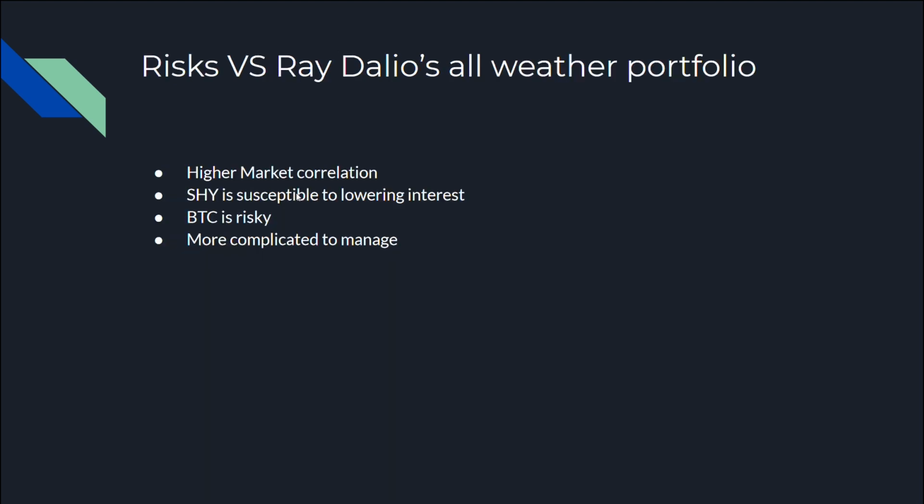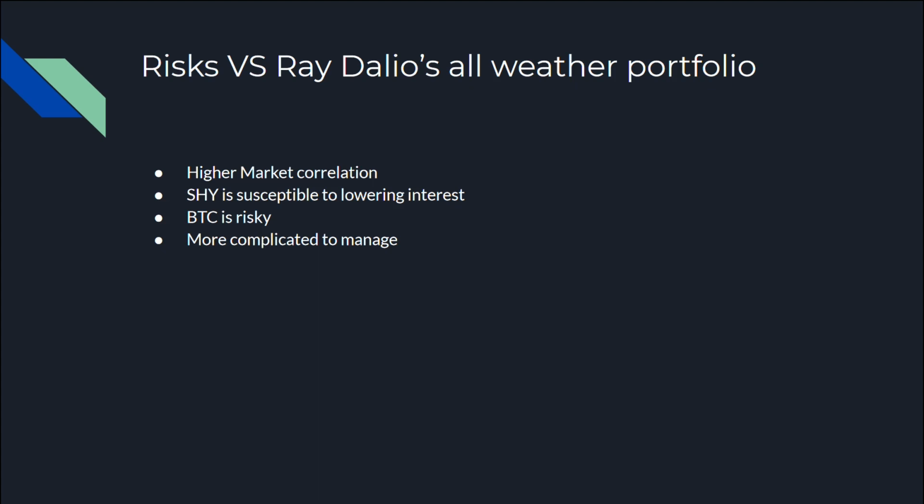Now, here are some of the risks that I've found versus Dalio's all-weather portfolio. I guess it has a higher market correlation. Short-term bonds, like I explained earlier, do have a drawback.